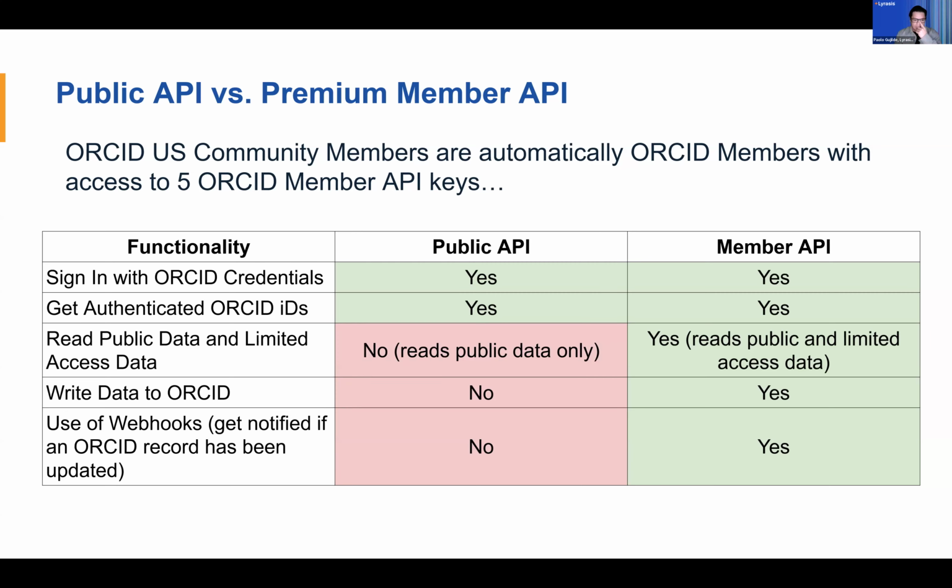A big part of that is, toward the bottom here, reading limited access data, so the permissions that researchers are giving to organizations, right? And also pushing data to ORCID, which is only available in the member API. Those are the big differences between a public and a member API.